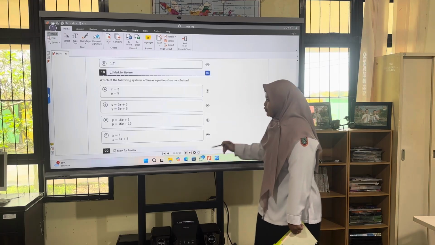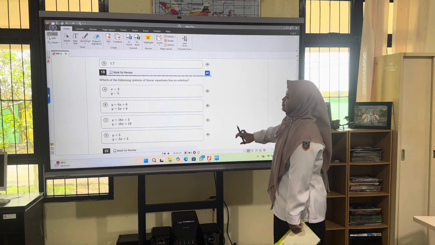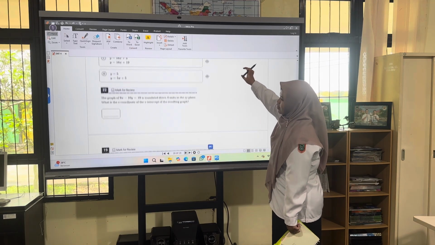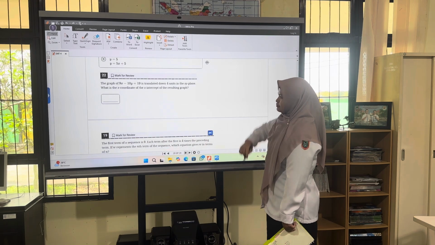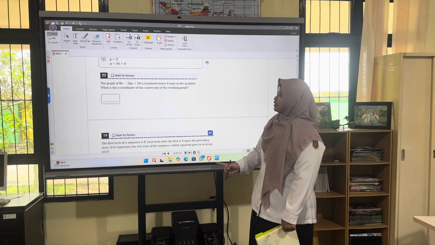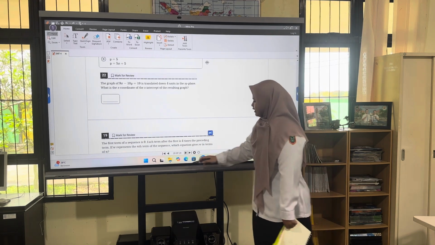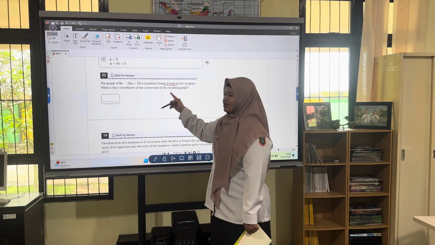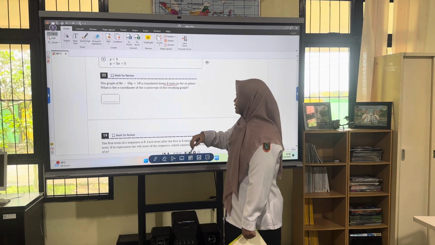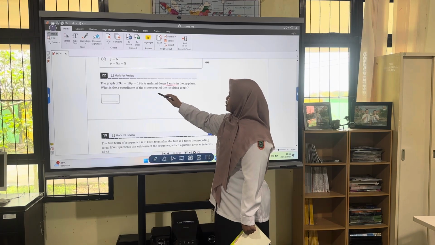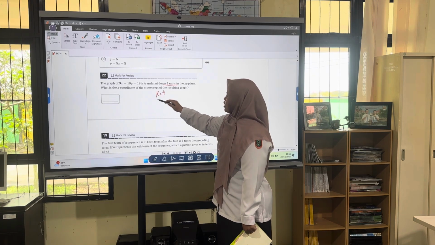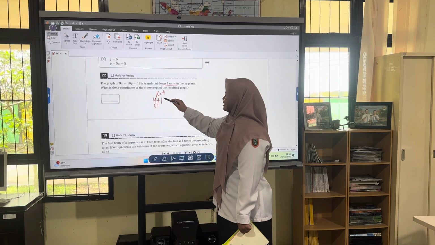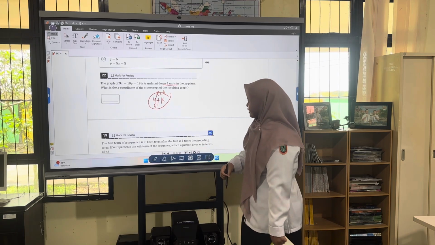So for number 22, this is not the last, yeah. Like I said, this is not rearranged in position. Okay, so in this 22, they said 9x minus 10y is translated down 4 units, because this is the geometry translation. When you do the translation, there will be k equal 4, where the formula is y plus k from the translation.